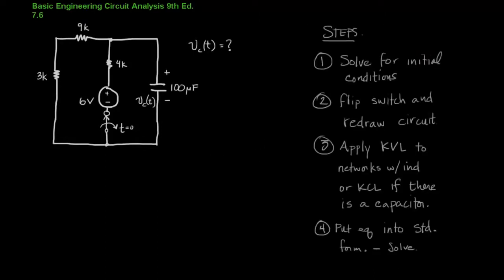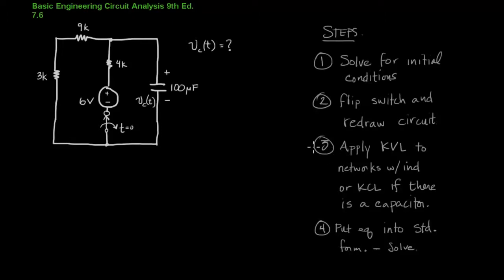So what are our procedures for solving these kinds of circuits? First, we solve for the initial conditions. Then we flip the switch, look at it and see what's going on, and then redraw the circuit, because the circuit will, in almost all cases, be changed fundamentally.